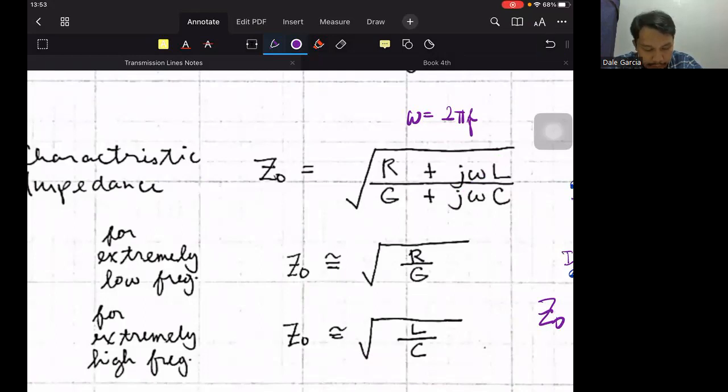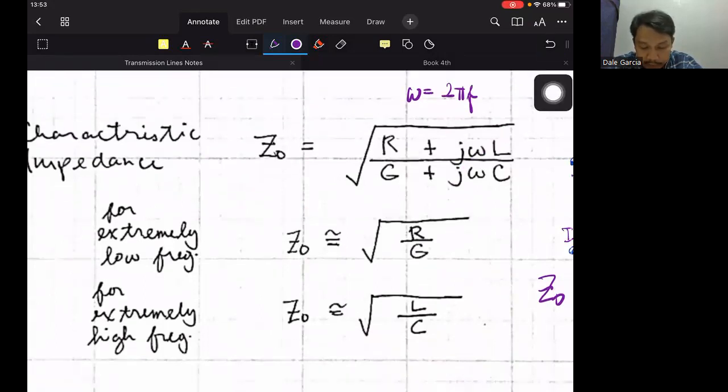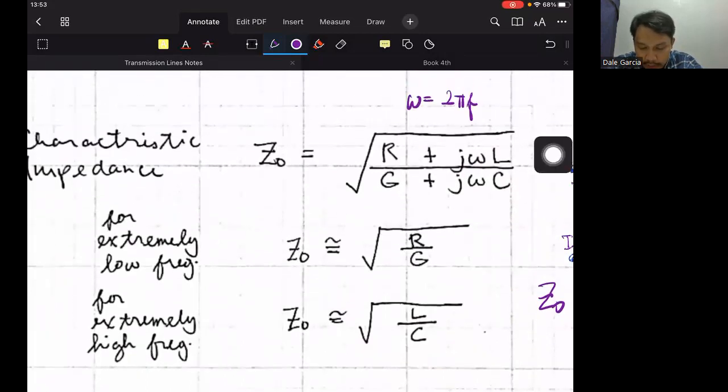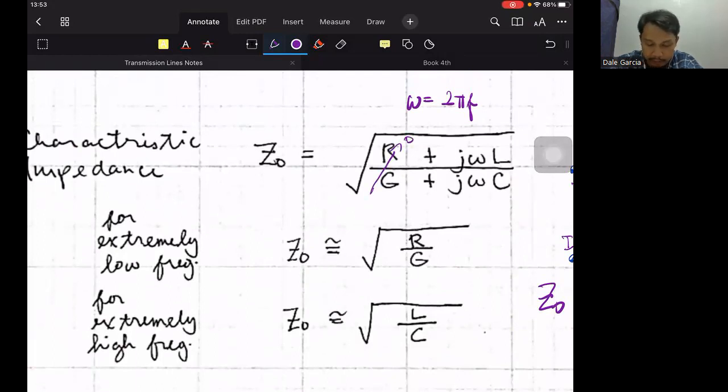And also, for extremely high frequencies, compared to the inductance, the product of the inductance and the frequency is much larger than R and G. They become negligible. So for extremely high frequencies, the characteristic impedance is equal to the square root of L over C.